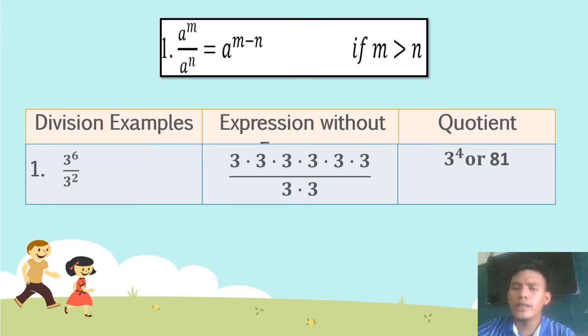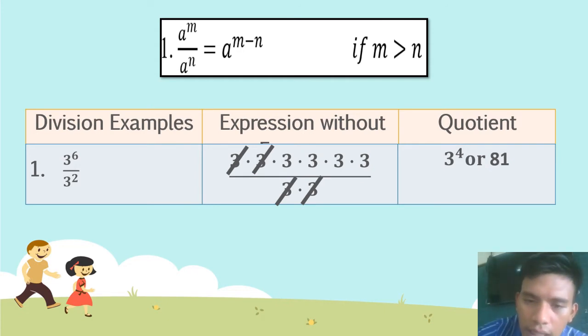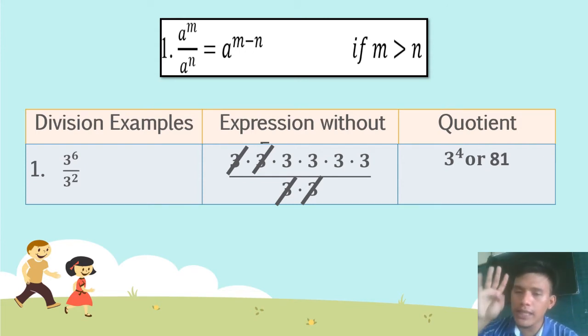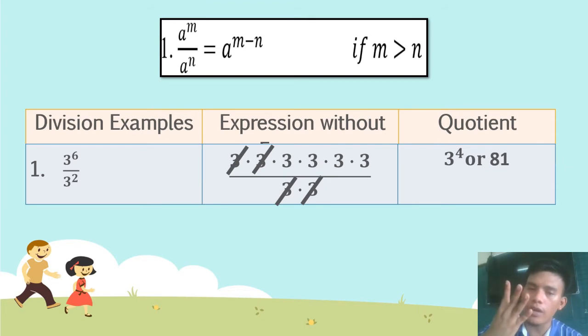So you will simply use the cancellation method. You cancel the first 3 and the second 3. The remaining in the numerator is 3 times 3 times 3 times 3, four 3s. So the exponent is 4, so 3 raised to 4.